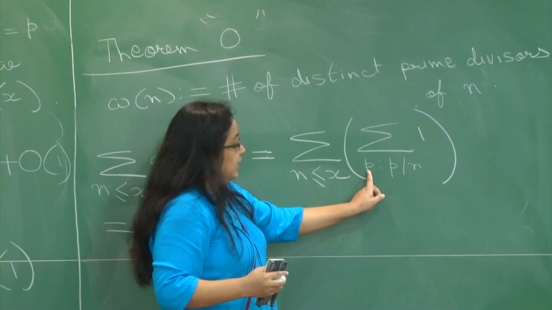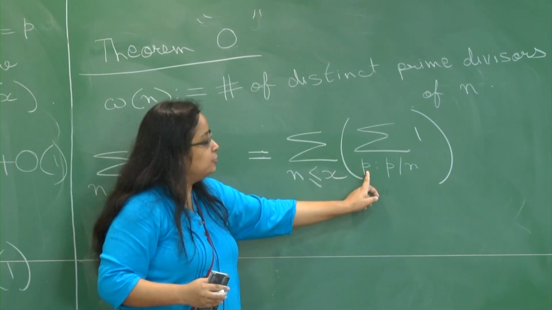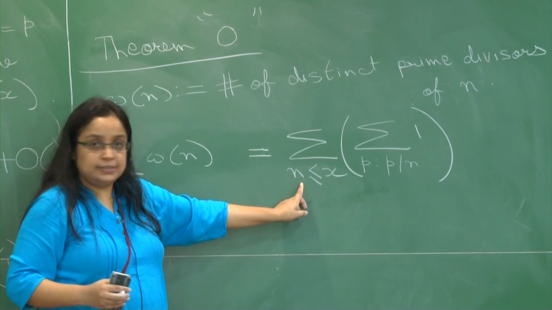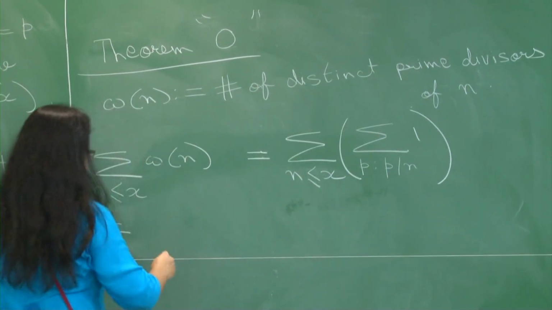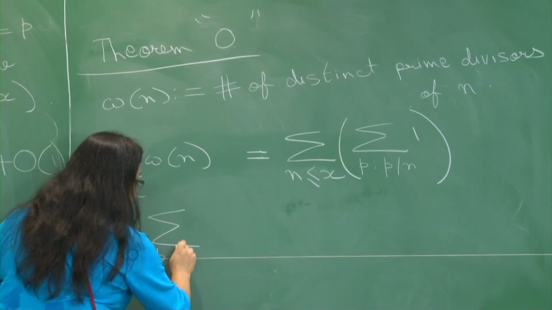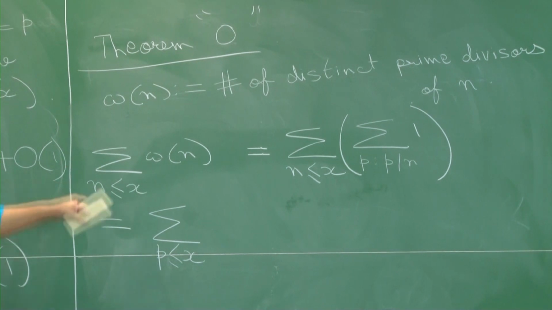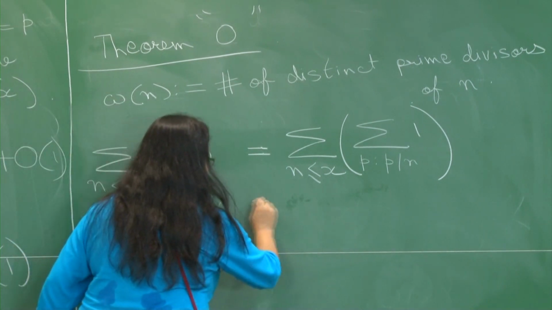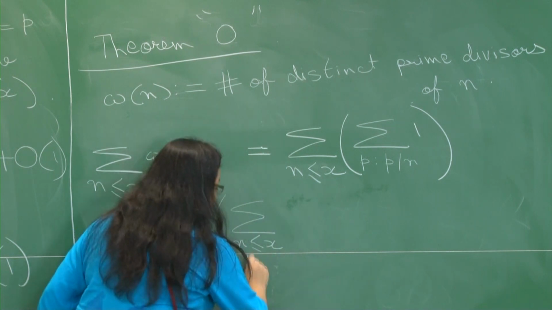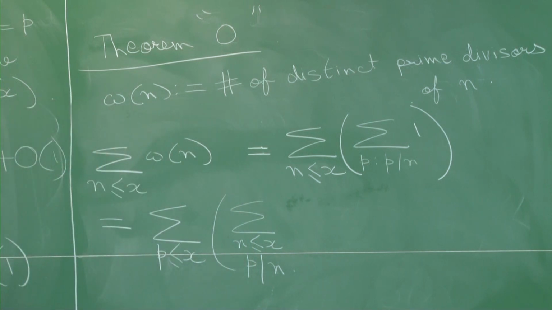So, the outer sum runs over all the n up to x, the inner sum runs over all the primes dividing each n coming from the outer sum. So, if you want to interchange, what do you have? Now, the outer sum will run over all the primes up to x, and the inner sum will run over all the numbers n up till x which are divisible by the prime p, right.